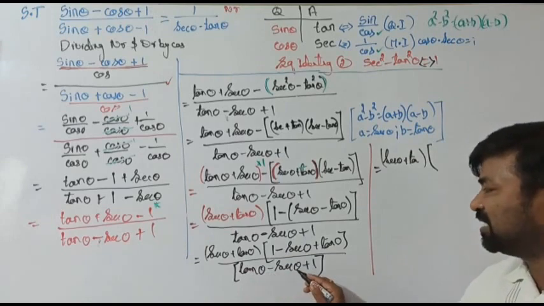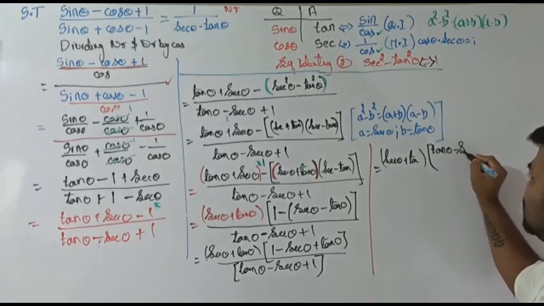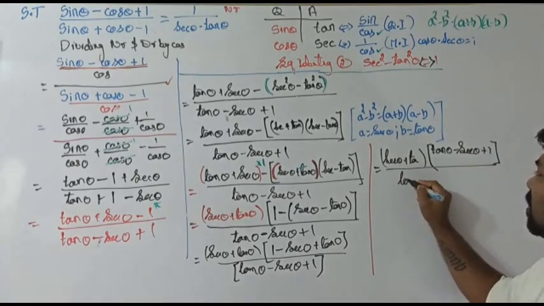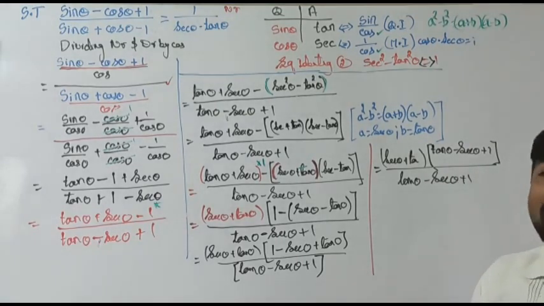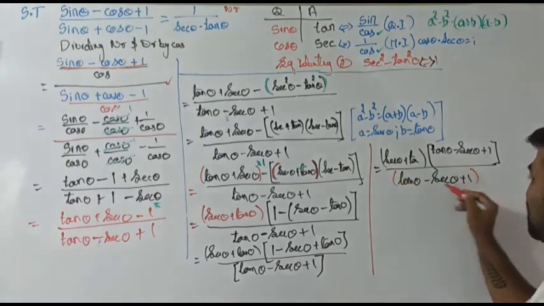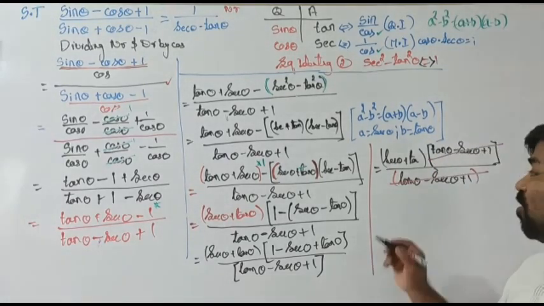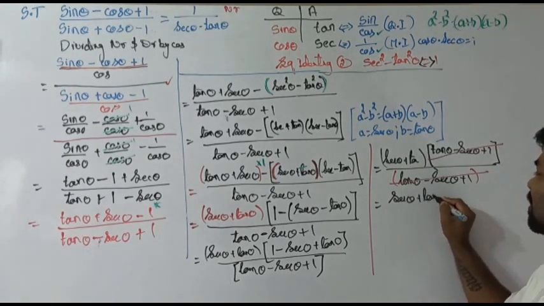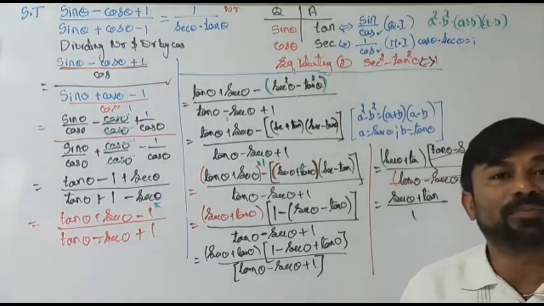So, tan minus secant plus 1, I am writing tan theta minus secant plus 1, by tan theta minus secant plus 1. Now, I kept a bracket for both of them and I have cancelled the stuff. Okay, now what is left over? Secant theta plus tan theta by 1 is there. Why? Because it cancelled one time and one time.